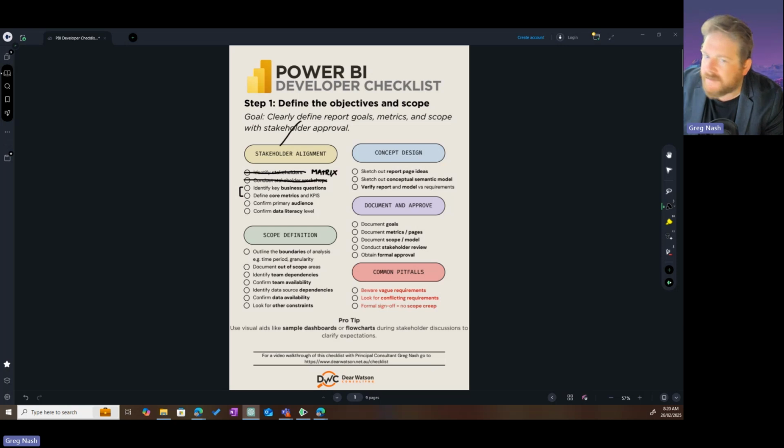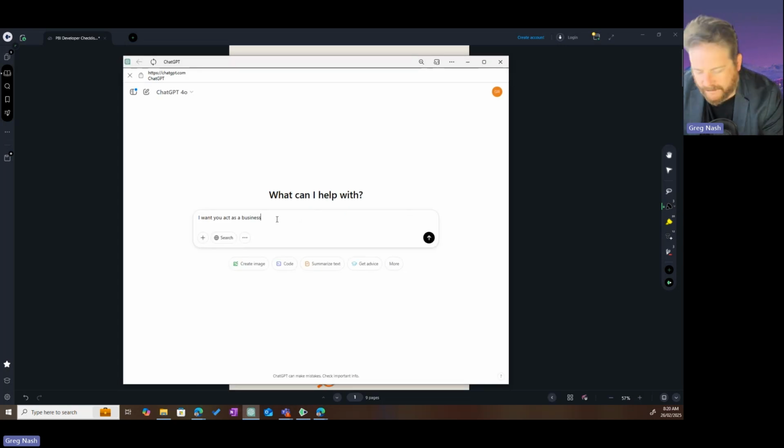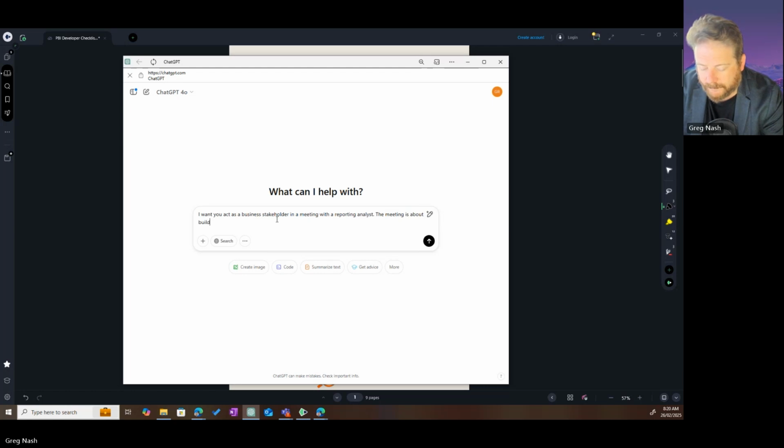I'm going to get ChatGPT. We're going to use AI. We always use AI. I want you to act as a business stakeholder in a meeting with a reporting analyst. Reporting for your area. Now, I'm going to tell it to just get creative. Be creative about what your company is and what your specific role is.